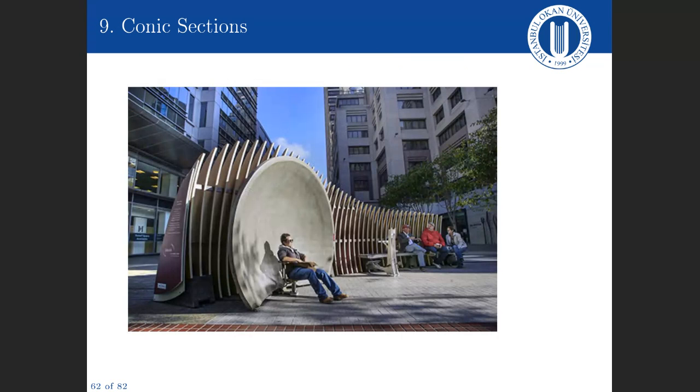Here's an example from architecture. This is a picture which was taken in San Francisco. There is a concrete dish with a parabolic shape. There is a seat which sits so that the person sits with their head at the focus of the parabola. And then far off to the right of the picture, there's another dish, another seat, another person sitting on the seat with their head at the focus of the parabola.